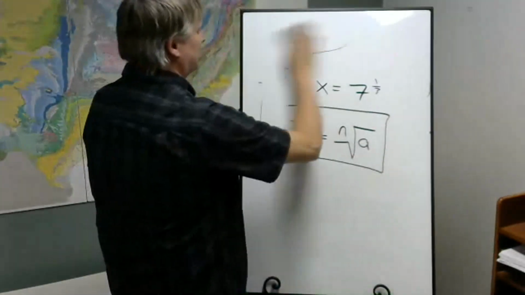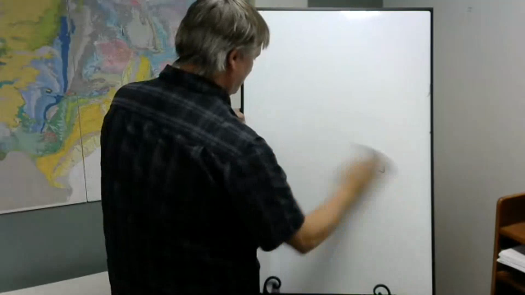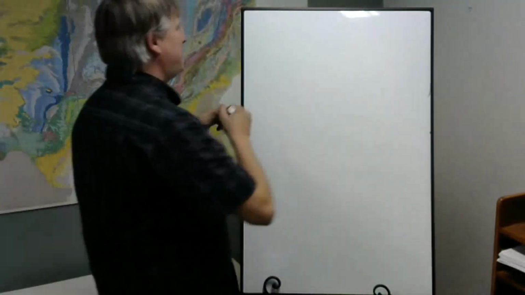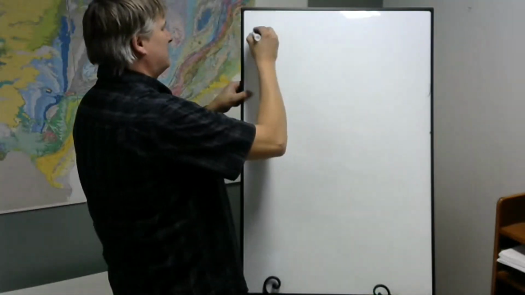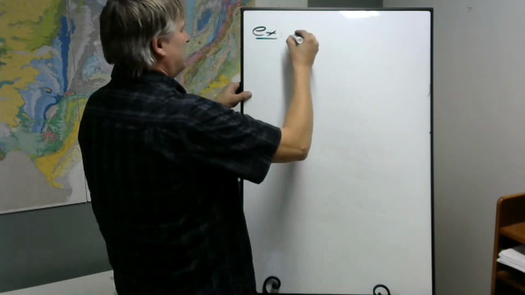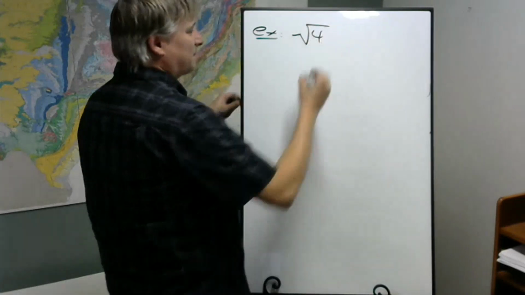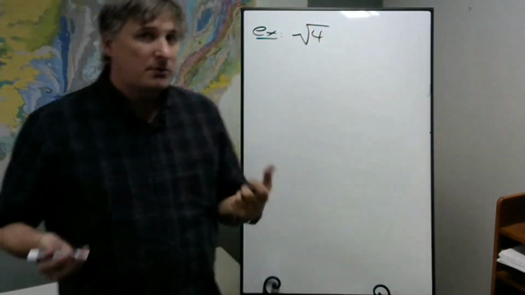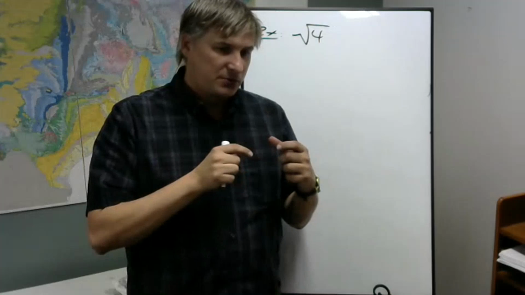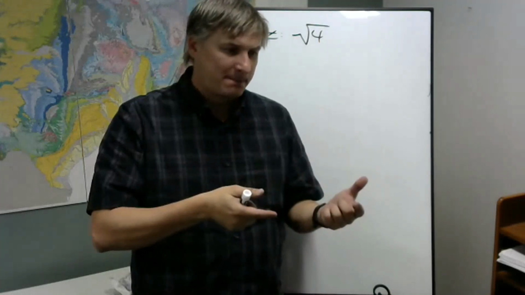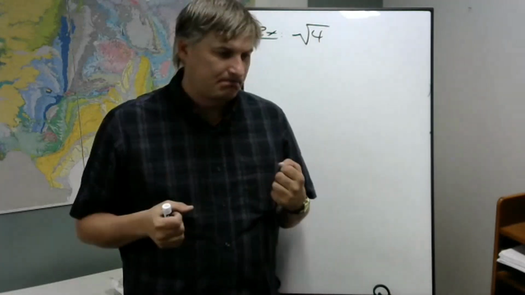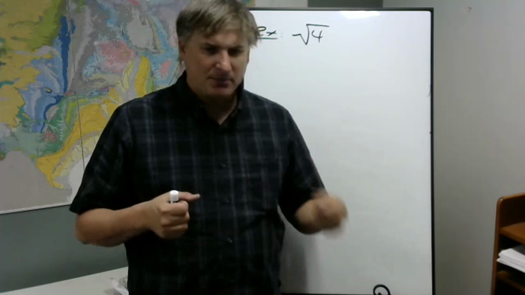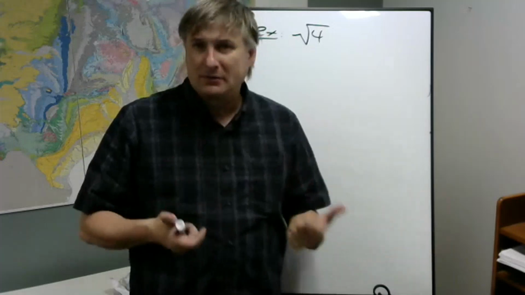Well, for example, let's say we have the square root of 4. Now, the square root of 4 means there are 2 numbers that multiply to 4, and they're the same number. A number times itself gives you 4. So what is this number?